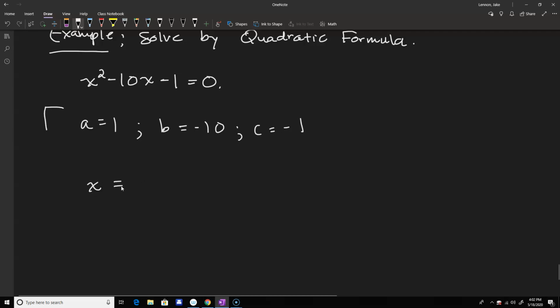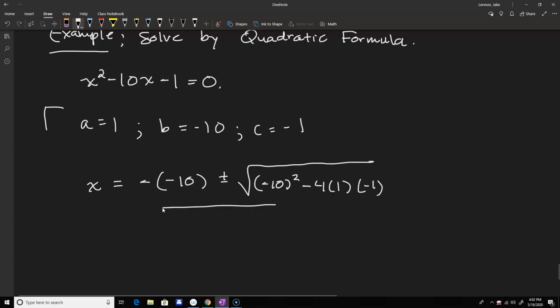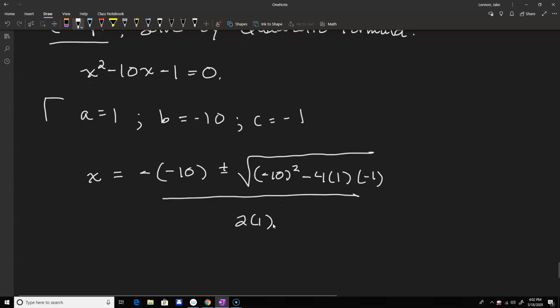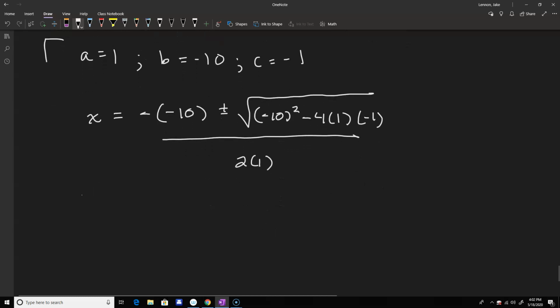So x here is going to be the opposite of the value of B, so the opposite of negative 10, plus or minus the square root of b, which is negative 10 squared, minus 4 times a times c, with everything being divided by 2 times a, which is 1. So let's simplify. We have x = (10 ± √104) / 2.